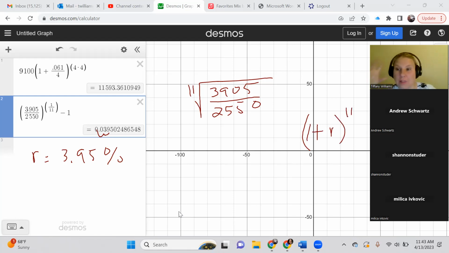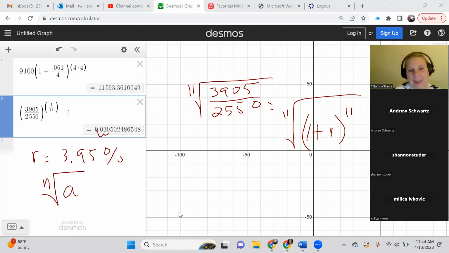So to undo an 11th power, we take an 11th root. It's just like if I wanted to undo a square, we take a square root. So we took the 11th root of both sides. That's how we got the 11th root. And then I know from my exponential rules that if I have the nth root of a, that's equivalent to a to the 1 over n. So that's why I was able to write it as 1/11.